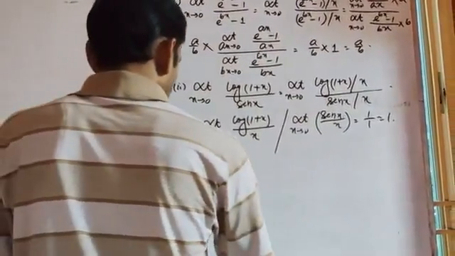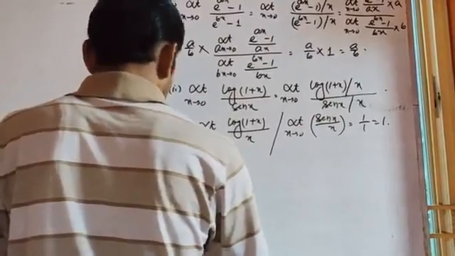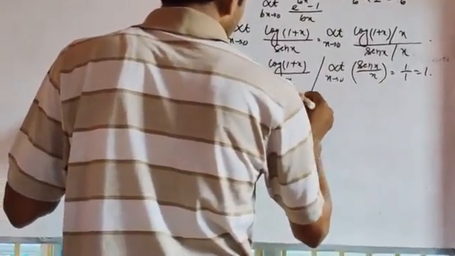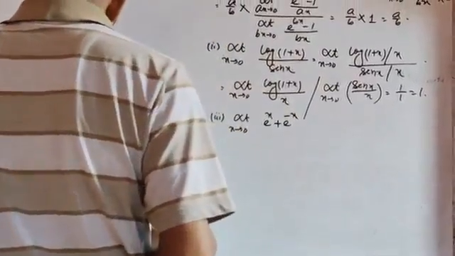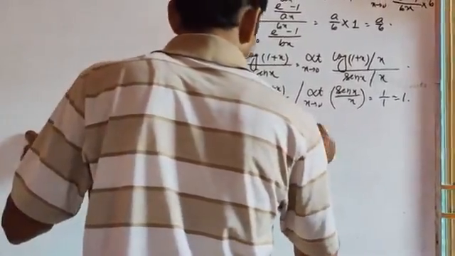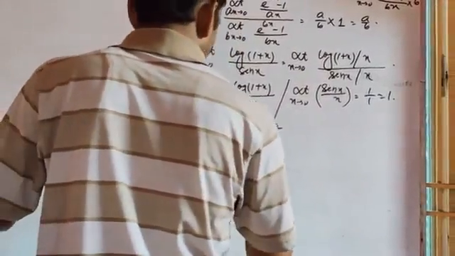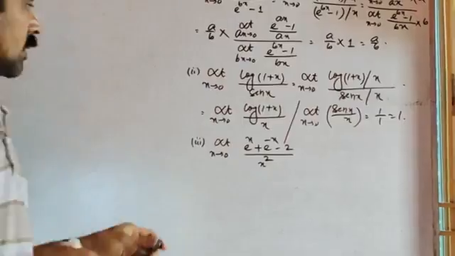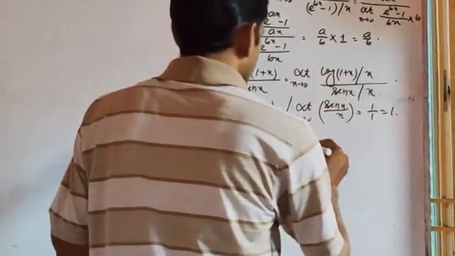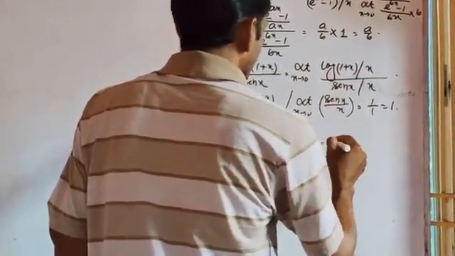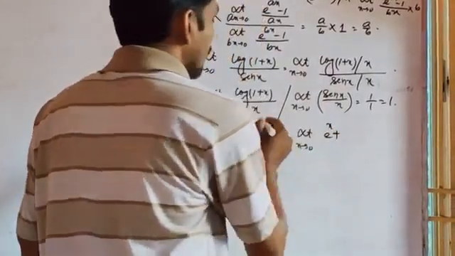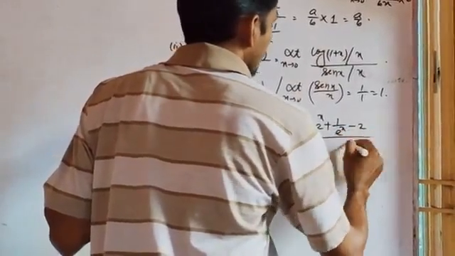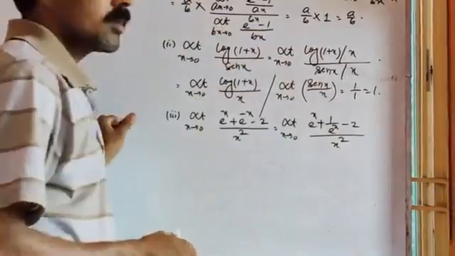Limit x tends to 0, e to the power x plus e to the power minus x minus 2, whole divided by x square. Now I can write it as limit x tends to 0, e to the power x plus, e to the power minus x is 1 by e to the power x, minus 2, by x square.